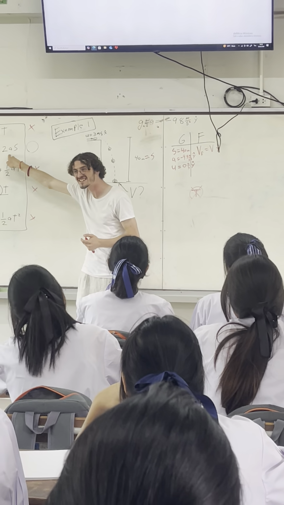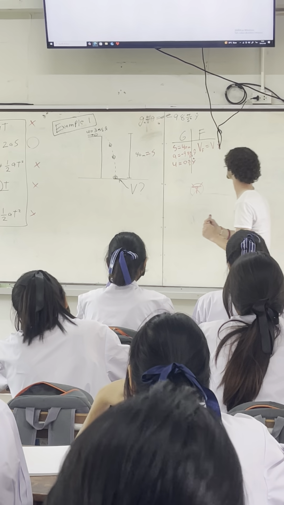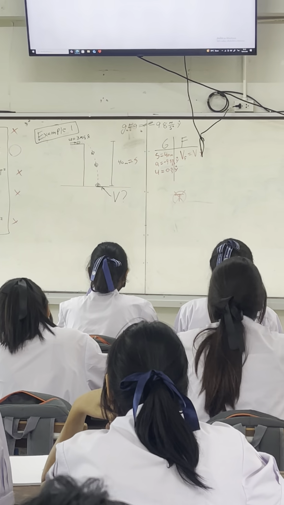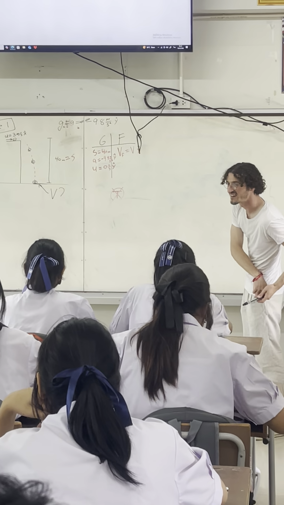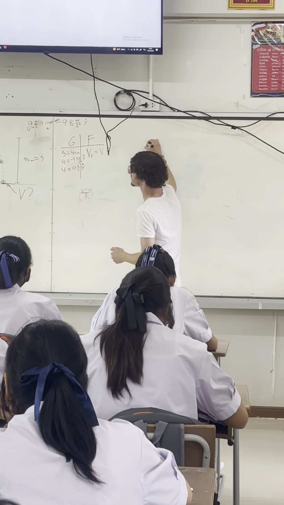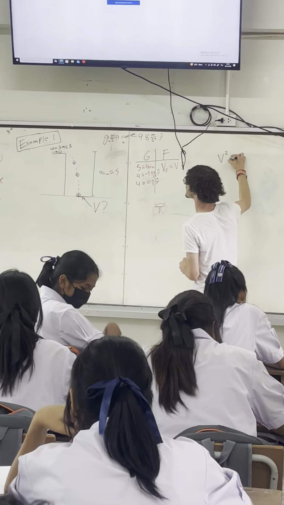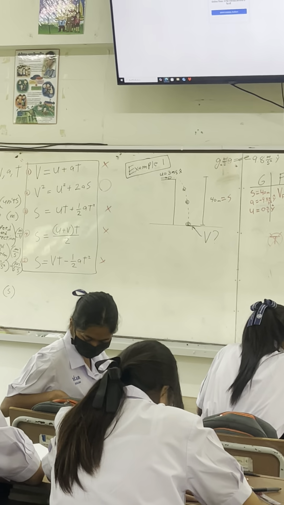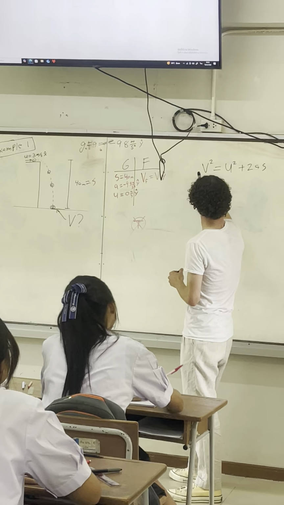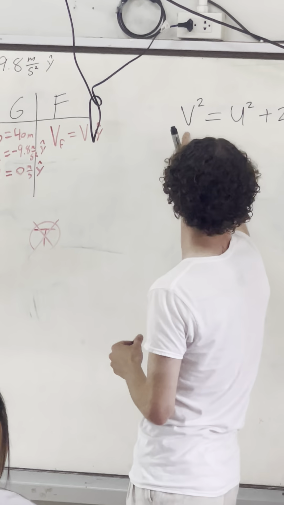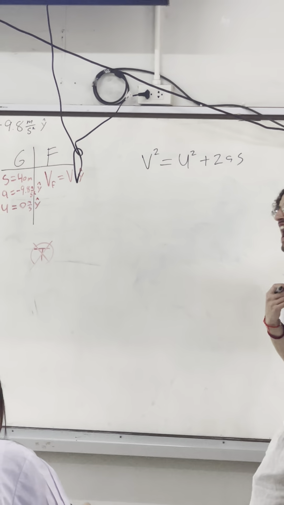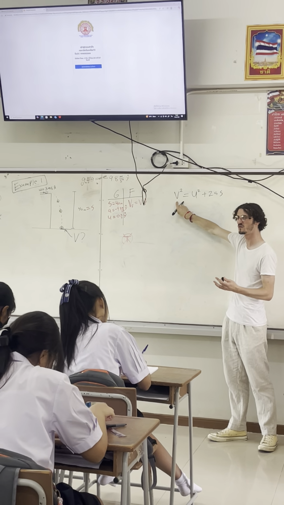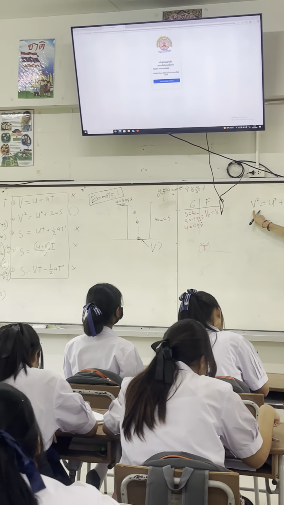Okay, so now this one. Okay, now math. So we have v squared equals u squared plus 2as. That's what we're trying to find. I like to solve for the variable we're trying to find first.